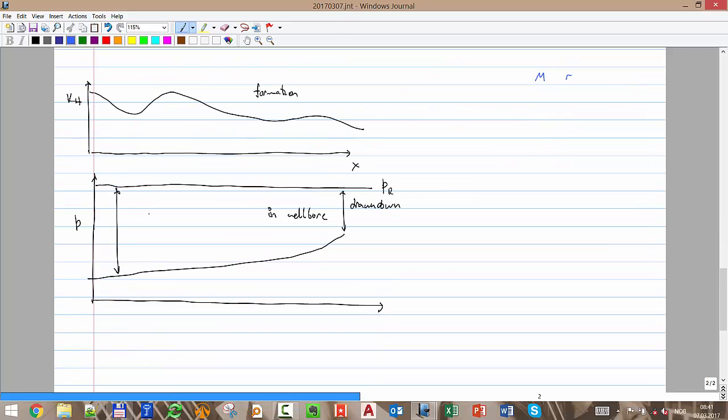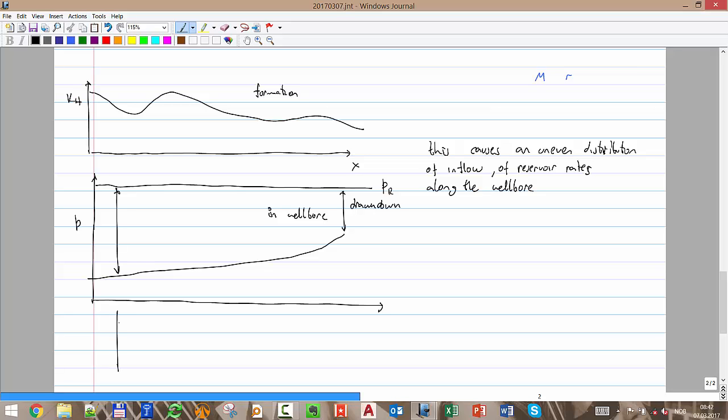So this causes an uneven distribution of inflow, of reservoir rates, along the wellbore. That means that here the Q will be higher, and here there will be very small Q. You start to deplete, so that will be Q at different positions.